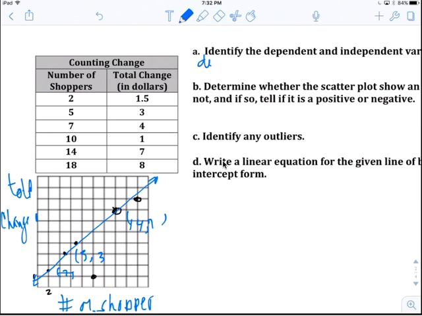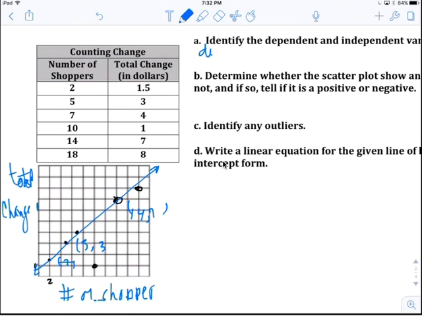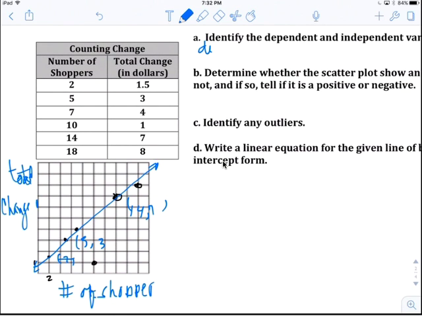Number of shoppers. Dependent is total charge, total change, sorry. Independent is number of shoppers.